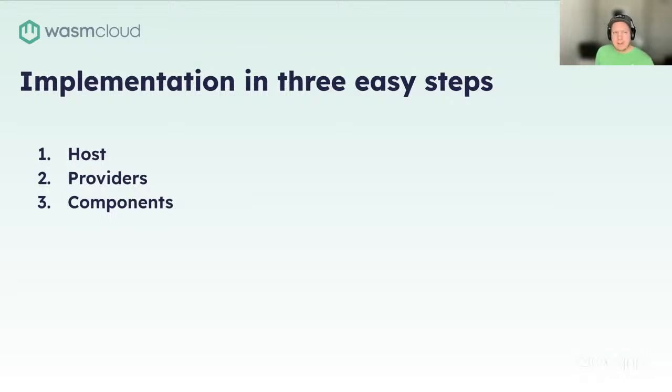And so how do we go about workload identity? There are essentially three areas we need to cover. For any of this to be possible, we have to start with the host. The host itself has to have a way to obtain workload identity for itself, but also for the workloads that are running on top of it, such as components and providers. So that's the first step.